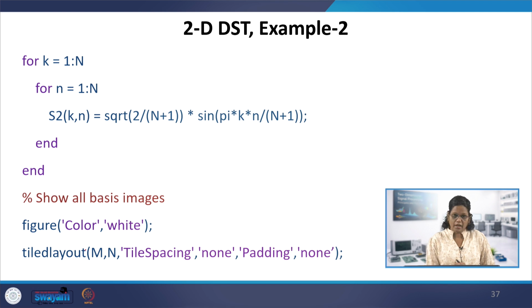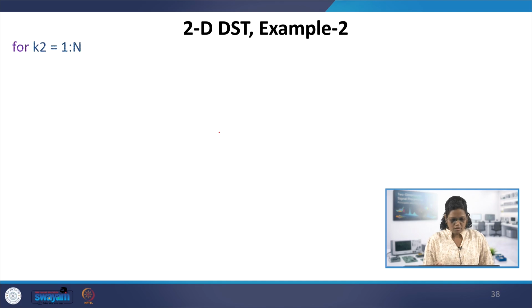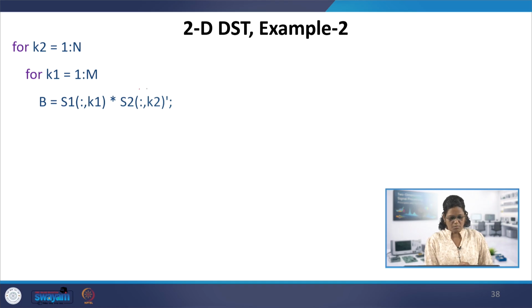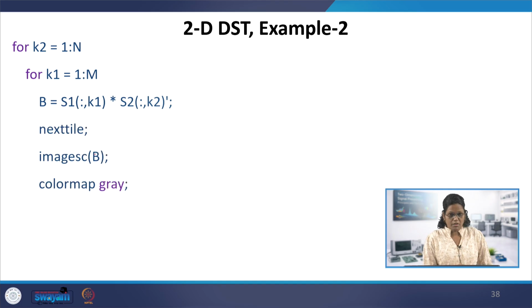How? Using the tiled layout. S1 and S2 show the kernel matrices which we generated. So plot S1 S2 dash, which is nothing but the transform here. We can plot it as an image.